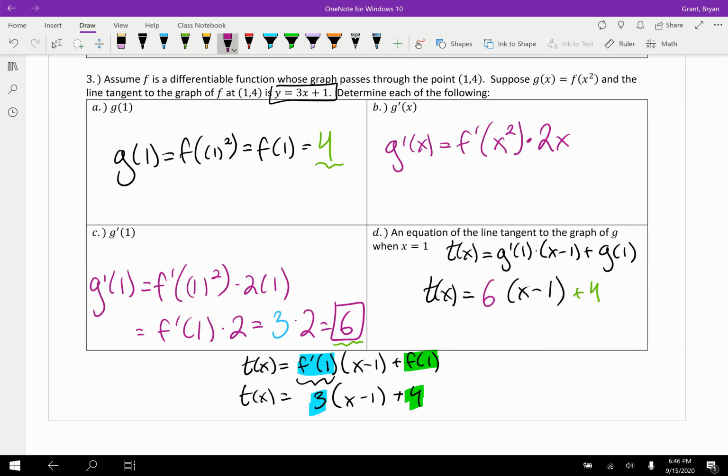Nothing too crazy here. However, your assignment for tonight might be a little bit more crazy. The chain rule tends to be pretty brutal, especially if it's buried in, say, the quotient rule. Can you imagine the quotient rule with the chain rule? So you're taking the derivative of the quotient rule, and then you need to remember the chain rule, and oh yeah, it exists. So definitely spend some time on the assignment tonight and really look at my solutions.